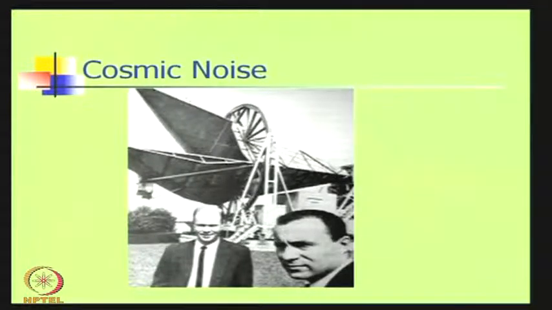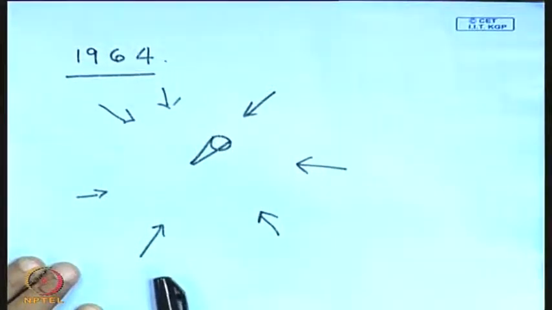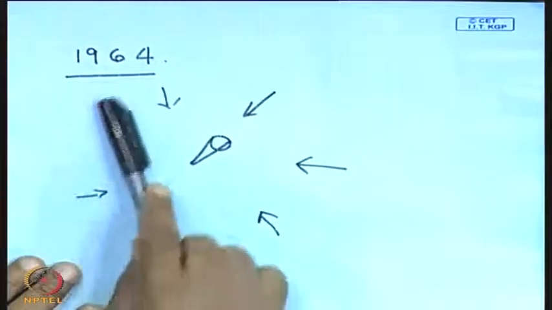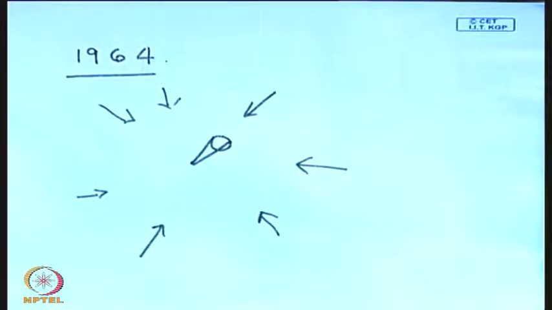The radiation that Penzias and Wilson discovered is not only isotropic around us, the amount of radiation coming is the same from all directions. Not only that, but we believe that the radiation is also homogeneous, it fills the entire universe.